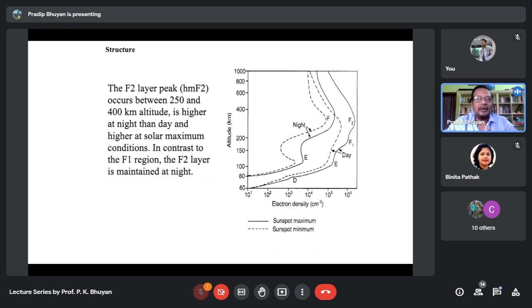So at any given time, the ionosphere should have an equal number of ions and electrons. It is supposed to be quasi-neutral as a whole, not in parts. Maybe at some point the electrons are higher than the amount of ions. But what you consider as a whole, the ionosphere is quasi-neutral, not perfectly neutral. That term you already know in plasma physics.